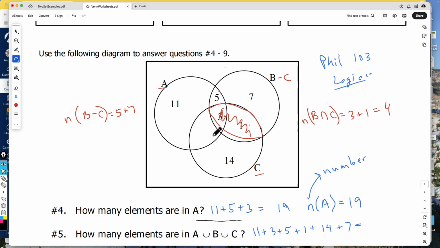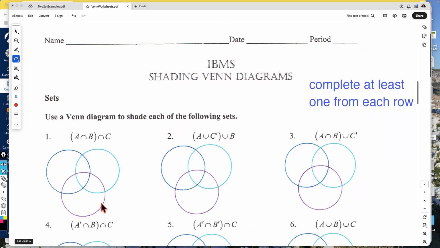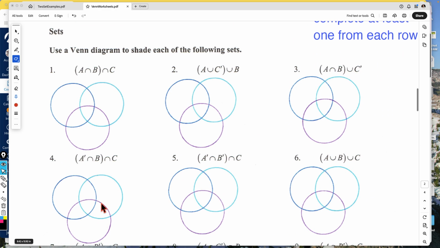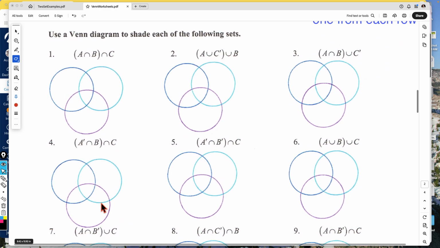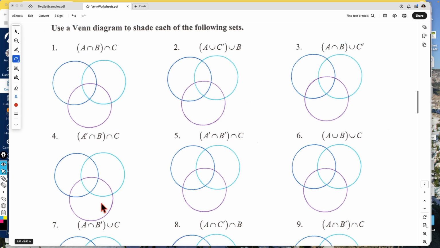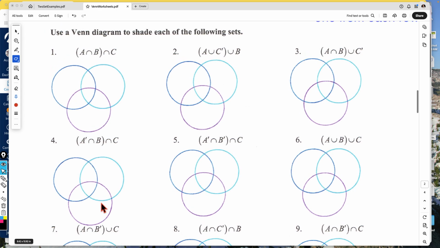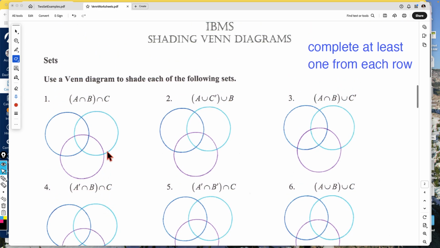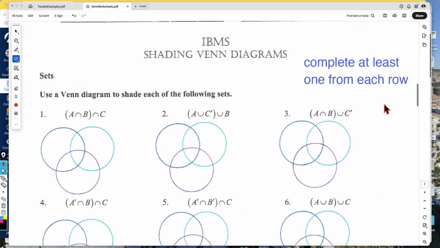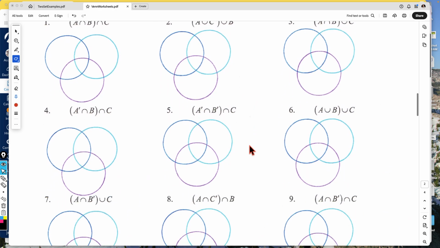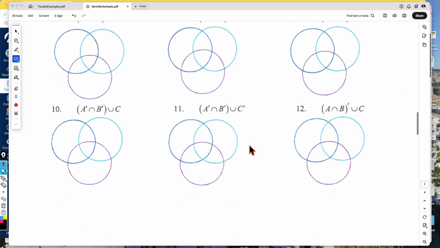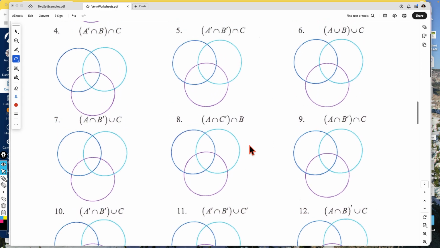Okay. Doing good with that? Makes sense? Now, one of the videos does this 3-unit shading, but the assignment here says complete at least one from each row, so you only have to do 4 of these. Let's go ahead and do one of them together.